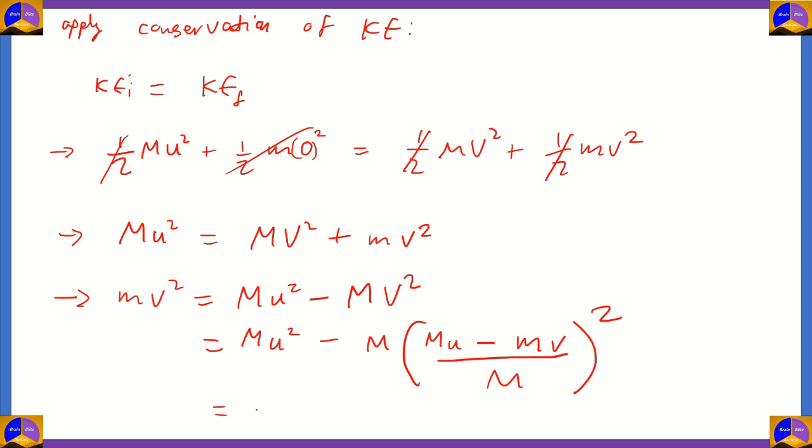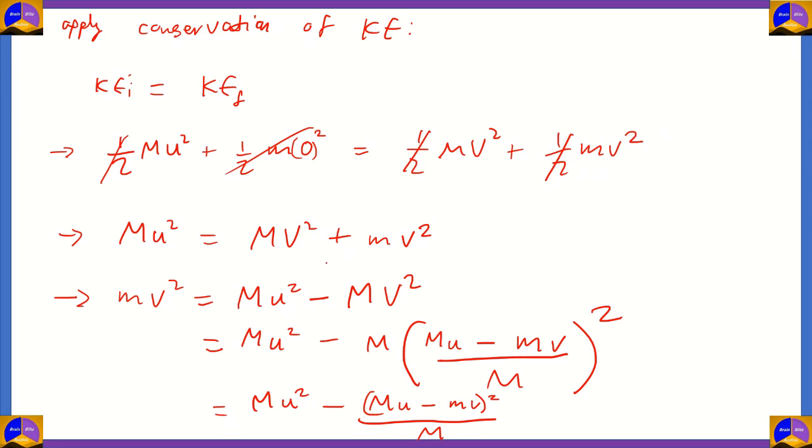So the relation now becomes M u squared minus M u minus m v, this numerator gets squared, and the denominator is M without squared. So the M is raised to the power 1.